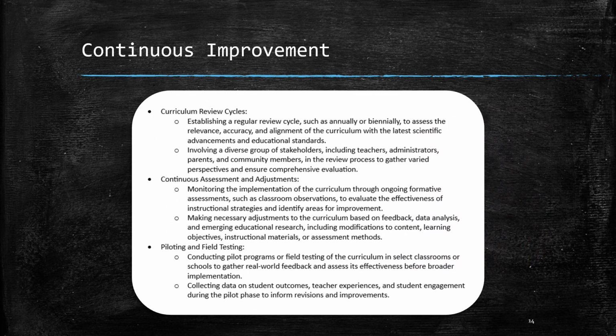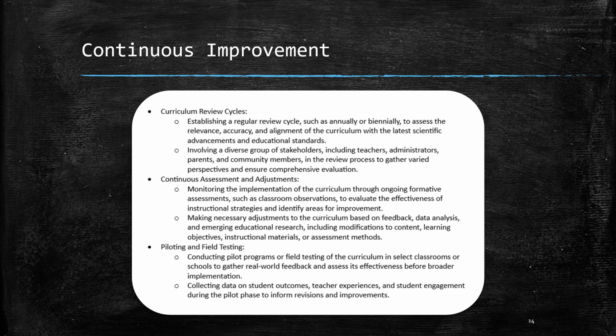Continuous improvement. Curriculum development is an iterative process that involves ongoing reflection, feedback, and improvement. Educators, administrators, and other stakeholders collaborate to evaluate the effectiveness of the curriculum and make necessary adjustments based on student performance data and feedback. Here are examples of how curriculum developers can incorporate continuous improvement into the development and implementation of a high school science curriculum.